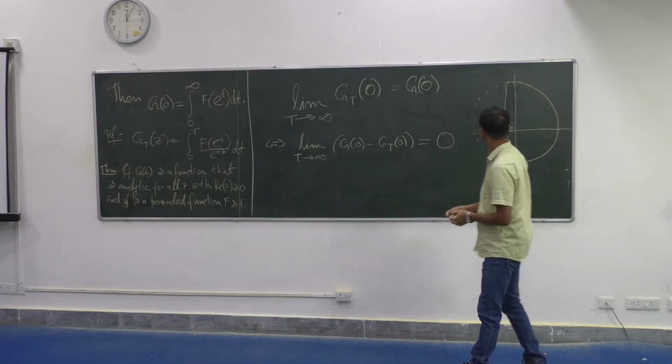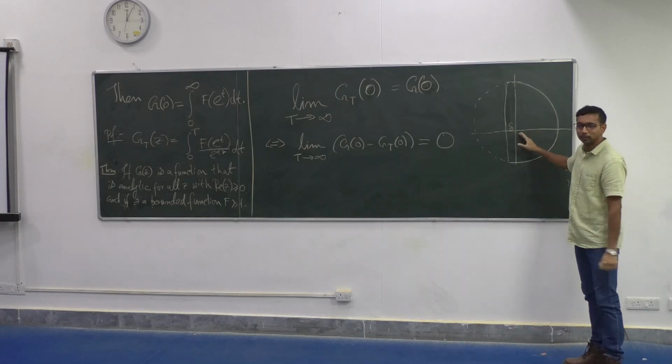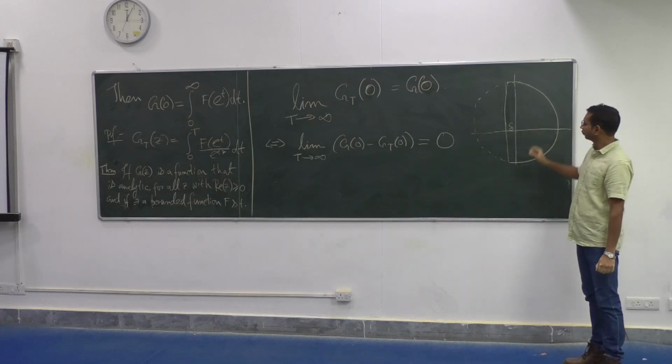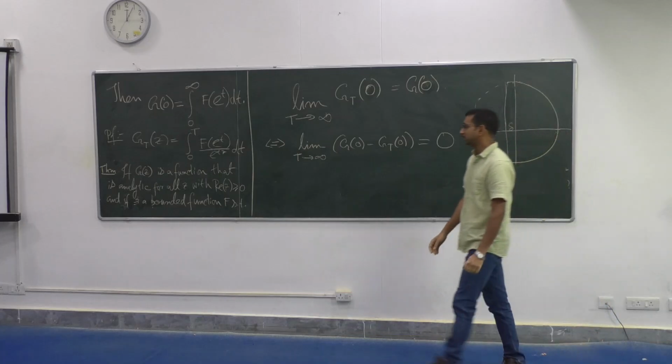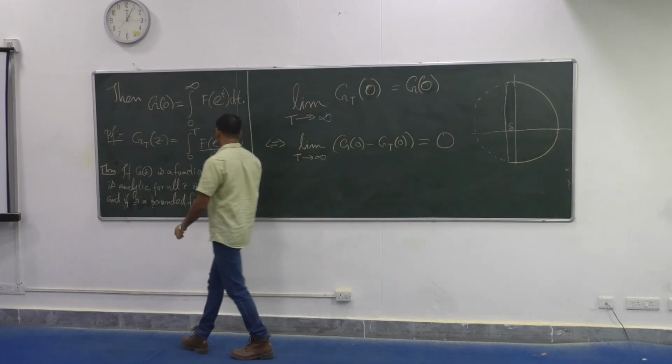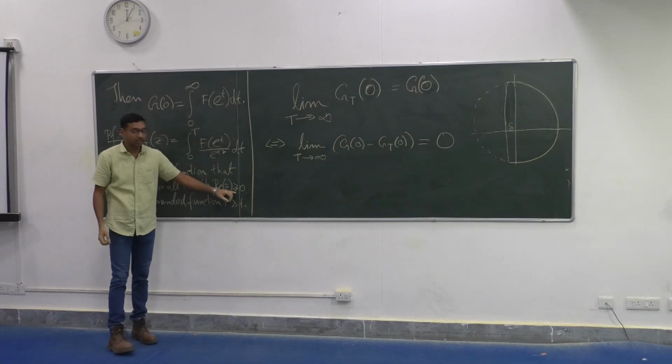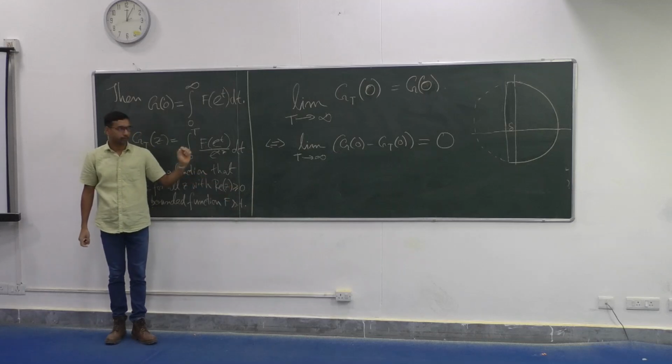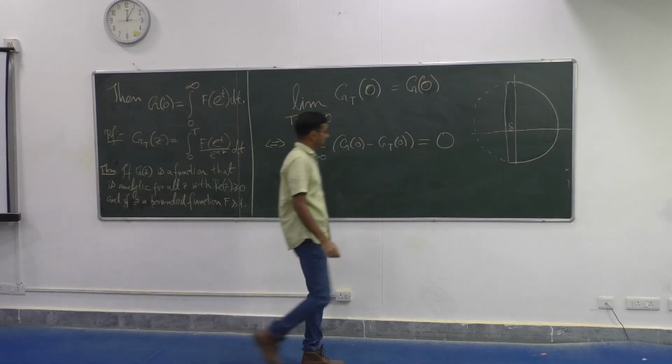What is given? g is a function that is analytic for all z with real part of z greater than 0.